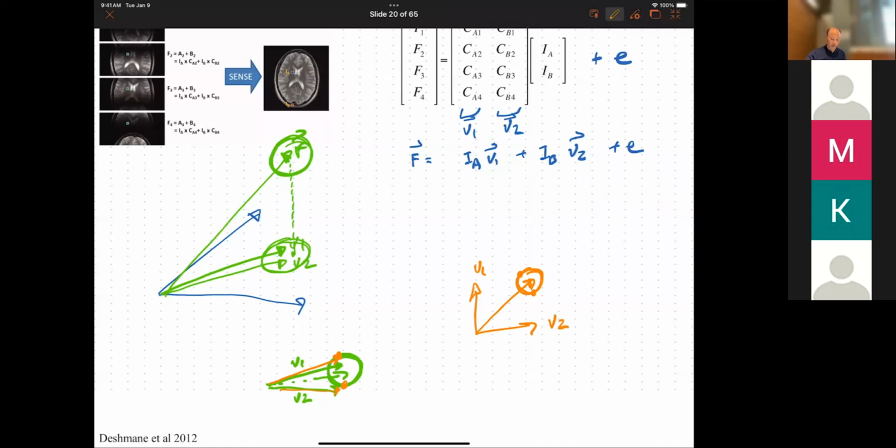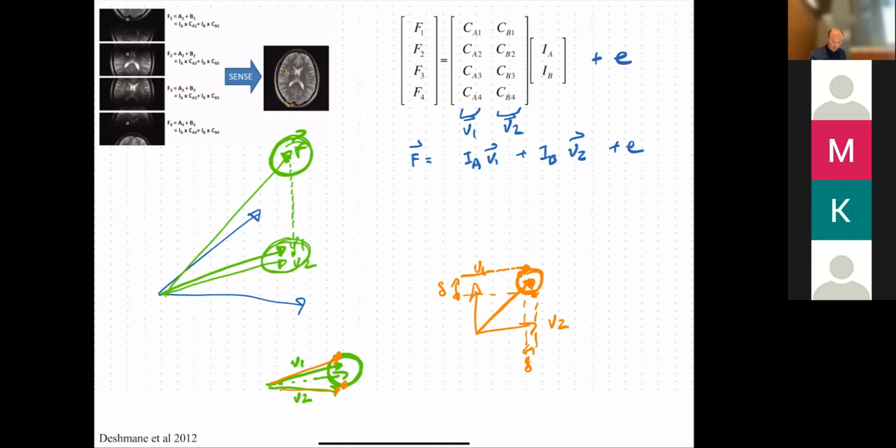So this is going to give me a better estimate of these coefficients, because I'm looking for the coefficients that add up to this vector. So if I take a point here, it projects onto here and here, and if I take a point over here, it projects onto here and here. So the uncertainty is a lot less. This is my uncertainty, and my estimate is pretty small when those vectors are orthogonal, right?